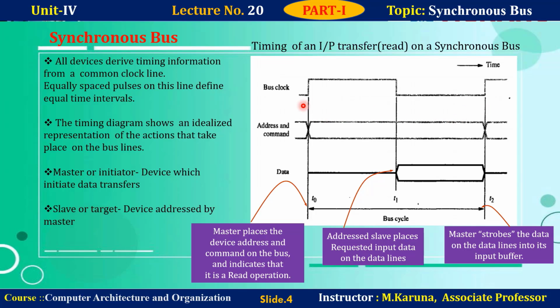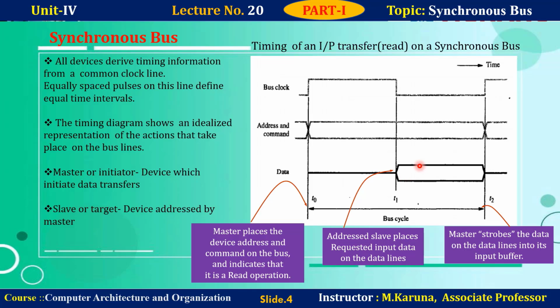The address and data lines: here these are the address and command lines, and these are the data lines, nothing but the data bus. The address and data lines shown in this figure are high and low at the same time.